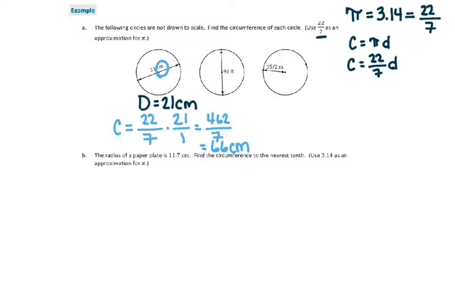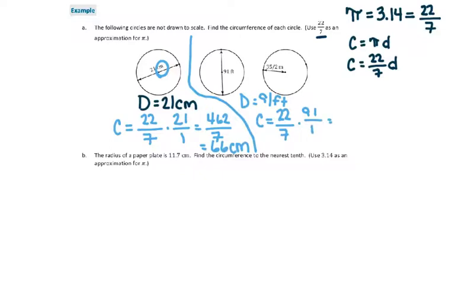Let's use this same practice to find the circumference of our next circle. So for the next circle, the diameter is 91 feet. So we're going to use that information to find the circumference. So remember that we're going to multiply, in this case, 22/7 by the diameter, which is 91/1.